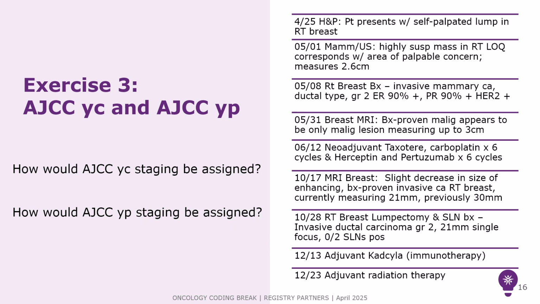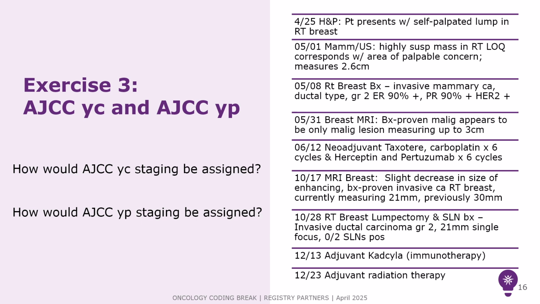Exercise 3 starts with an H&P. Patient presents with self-palpated lump in the right breast. On May 1st, the mammogram and ultrasound showed a highly suspicious mass in the right lower quadrant. It corresponds with an area of palpable concern and measures 2.6 centimeters. The right breast biopsy was performed on 5/8.